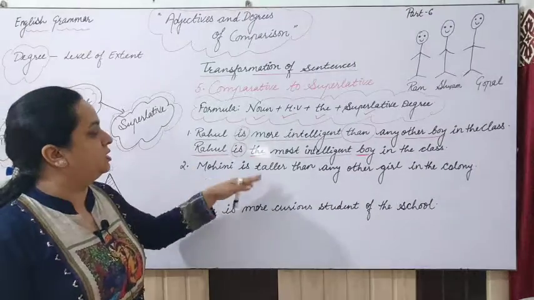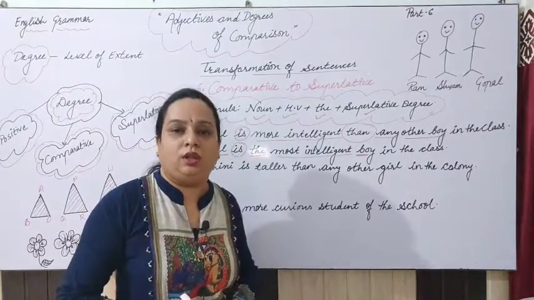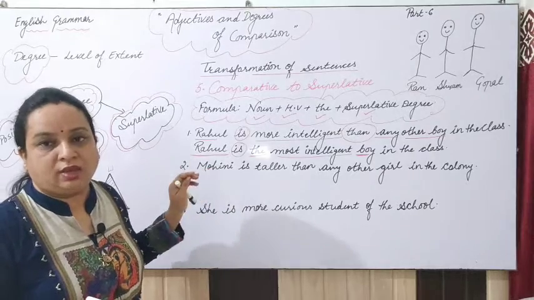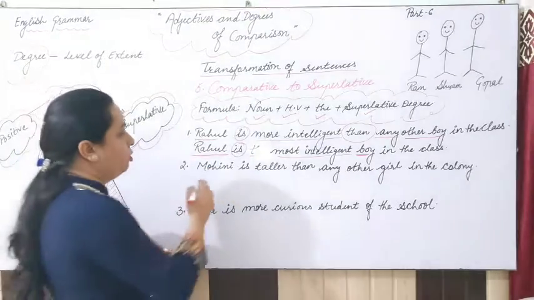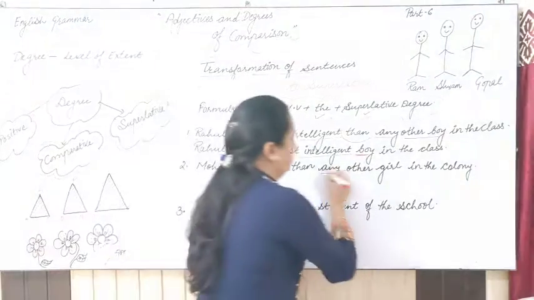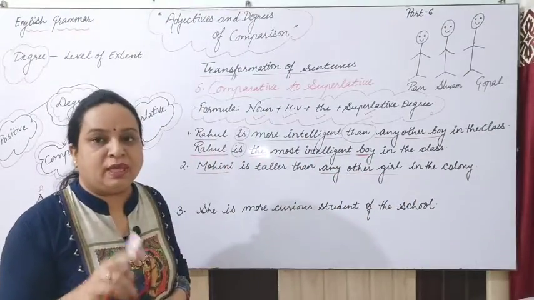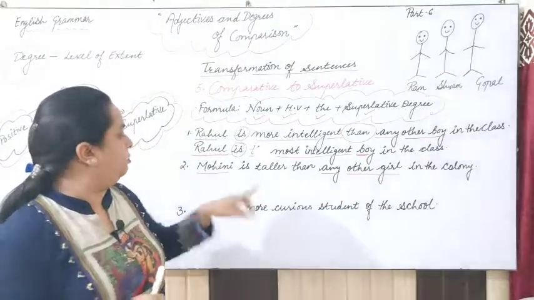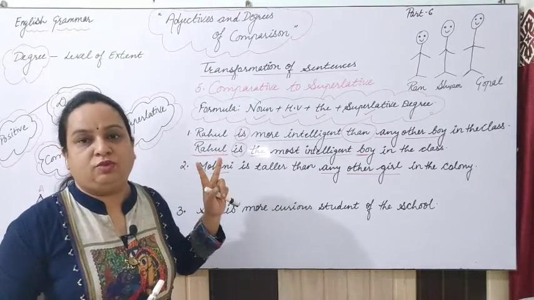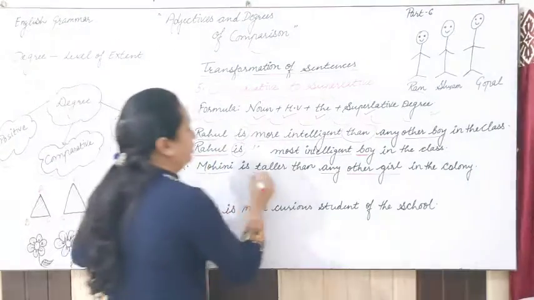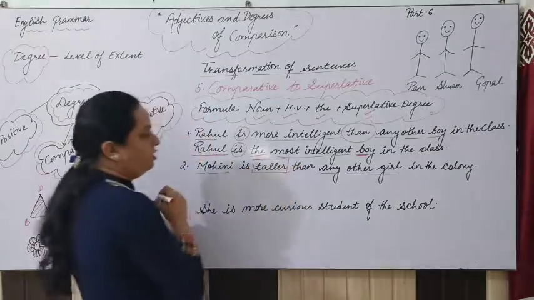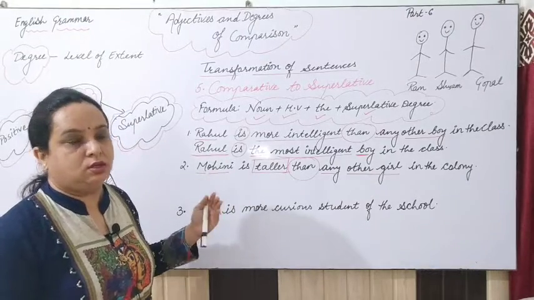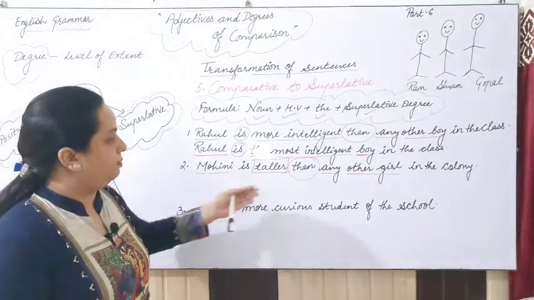Next one is: Mohini is taller than any other girl in the colony. Let's first confirm that the sentence has comparative degree. So Mohini and any other girl, so a comparison is being done. See, girl is singular here, so we are talking about one girl here and Mohini, so in total we have two nouns. And then taller is comparative degree, and the word used here is than, which is used for comparative degrees.